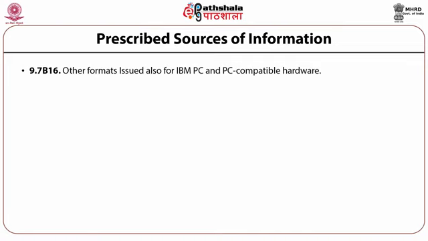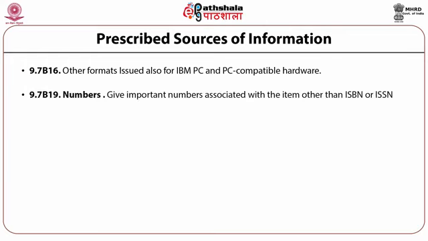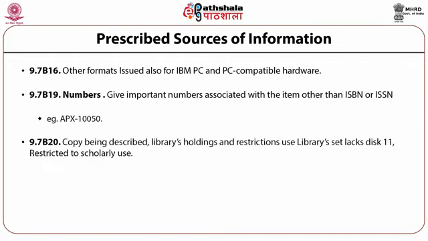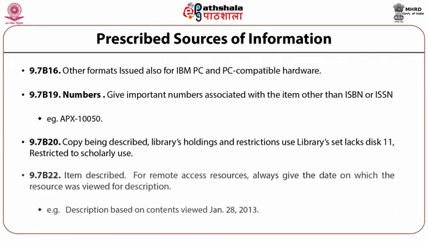If they have issued such things, you can write. If they have given numbers, you can record the numbers. What do we mean by numbers? ISBN, International Standard Book Number, ISSN, International Standard Serial Number. If they have given them, you can write. If they have given another number, APX-1050, you can write there, no problem. So, like that there are 22 items described in the electronic resources.